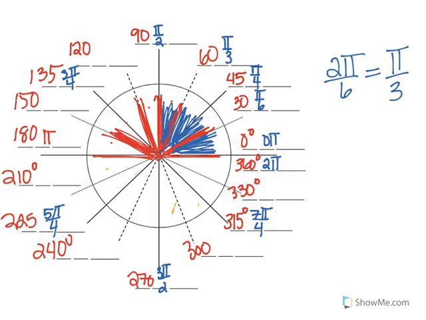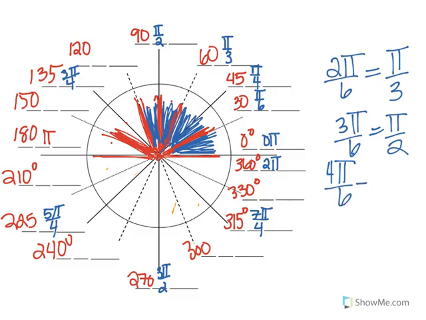90 degrees is worth 3 pi over 6, which is pi over 2, and we already have that, it's simplified. 120 is going to be 4 pi out of 6, which is the same as 2 pi out of 3. Then we have 5 pi out of 6.